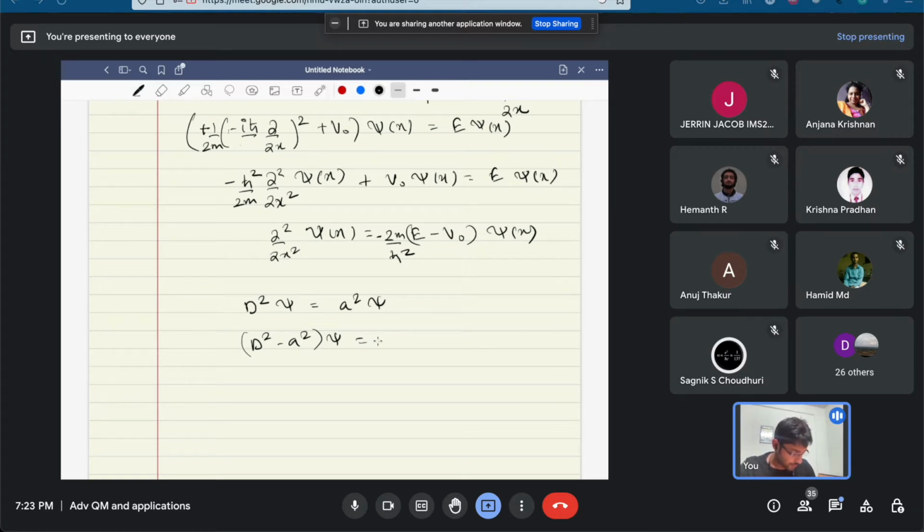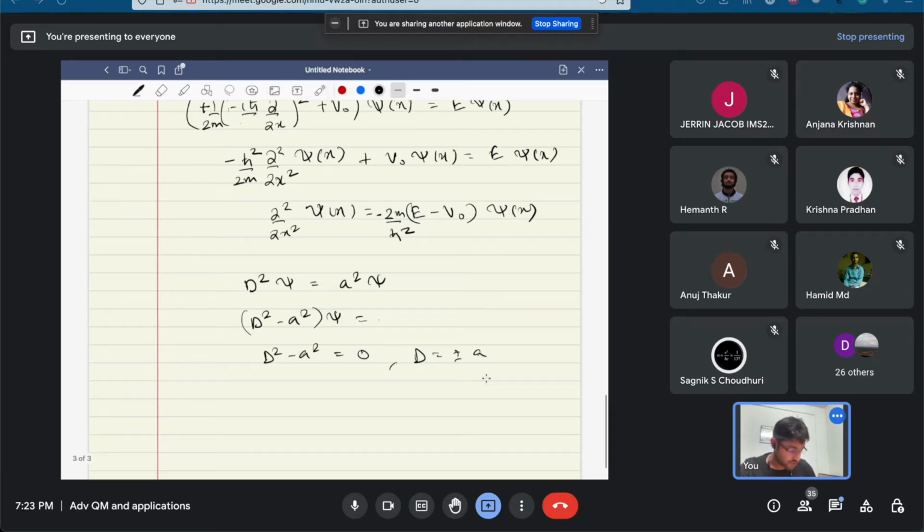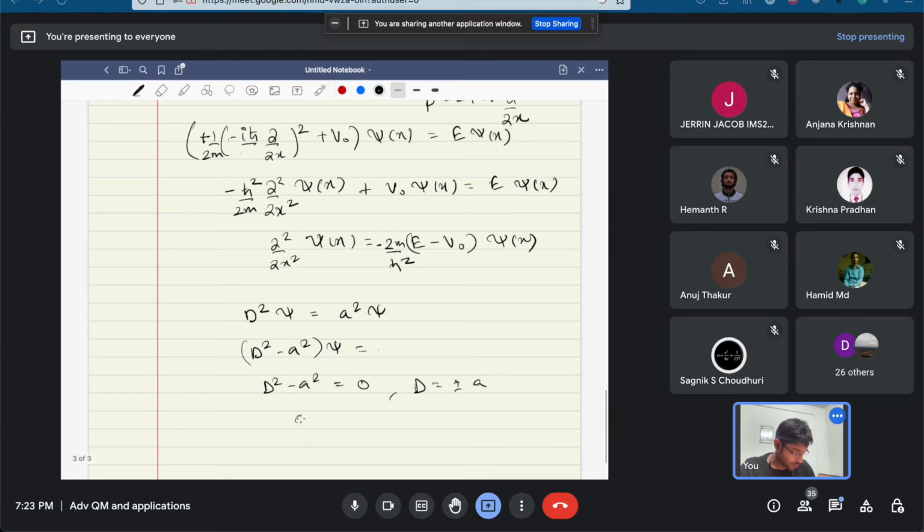So you solve d square minus a square equal to 0, and you get d equal to plus minus a, and the generic solution is psi equal to a e to the power ax plus b e to the power minus ax. So this is the generic solution for a differential equation of this form.